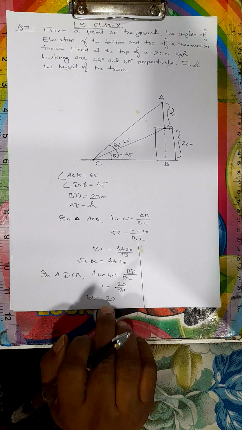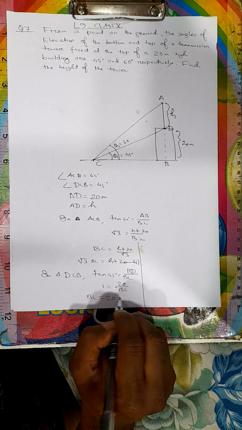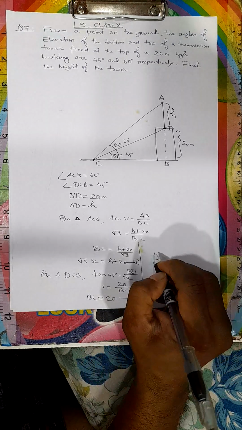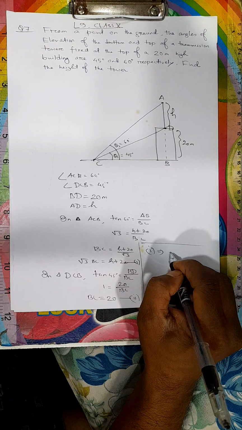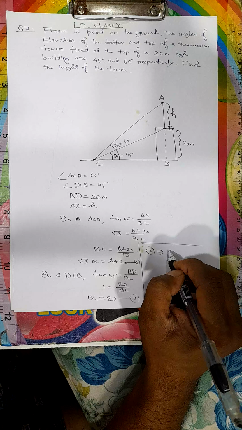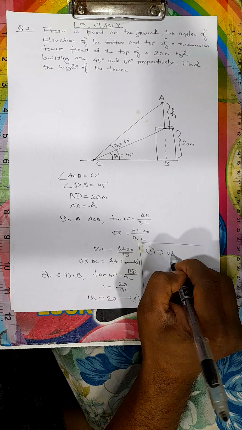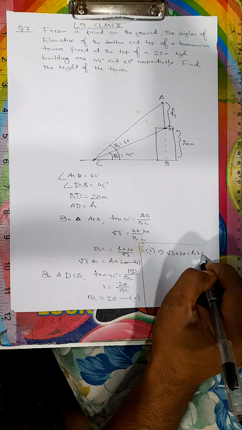Now let us replace the value of BC in this relation. Say it is 1 and this is 2. Now from 1 you get square root of 3 multiplied by BC, 20, equal to h plus 20.